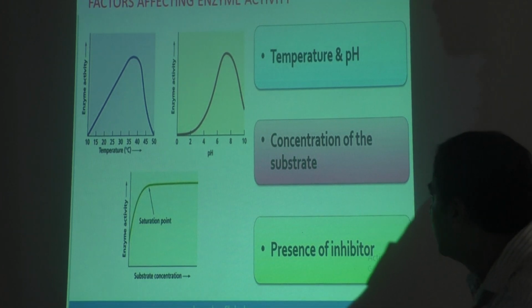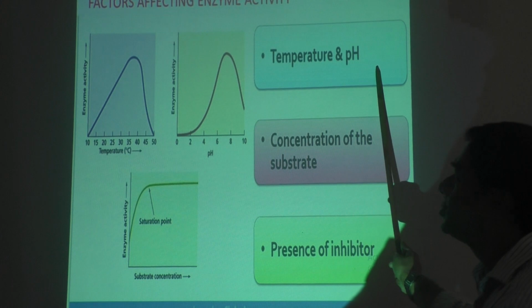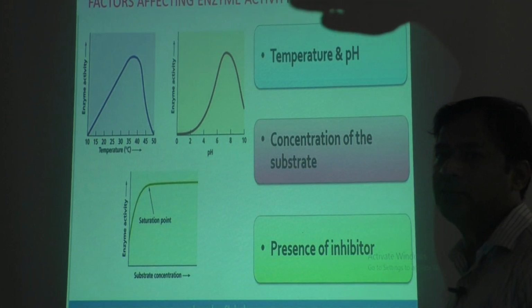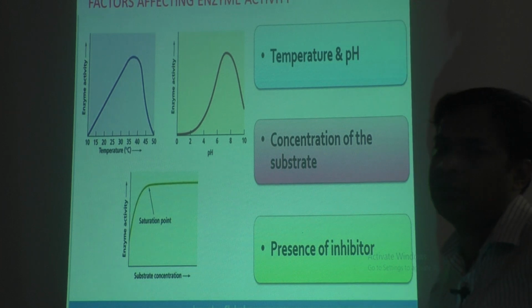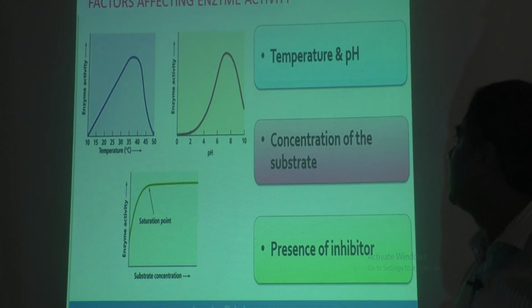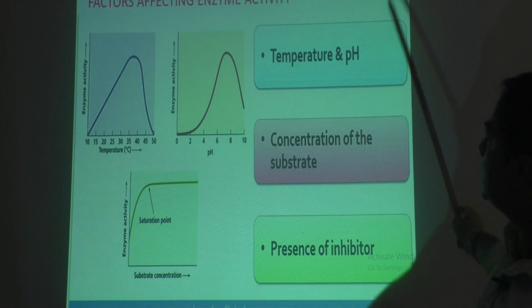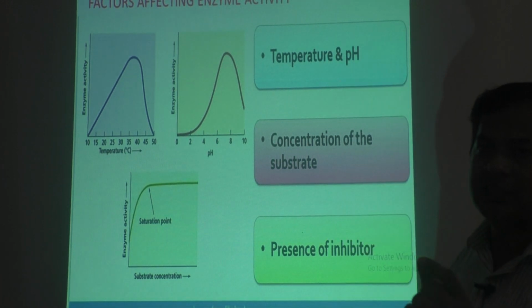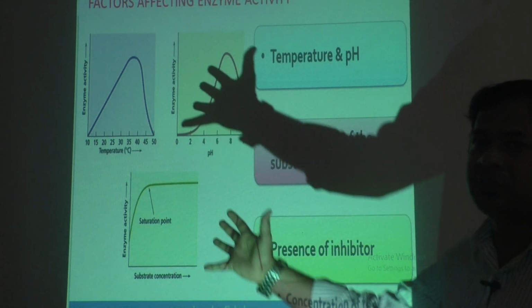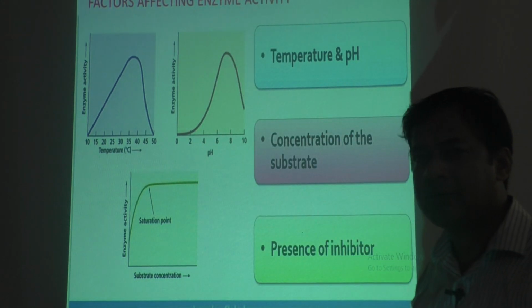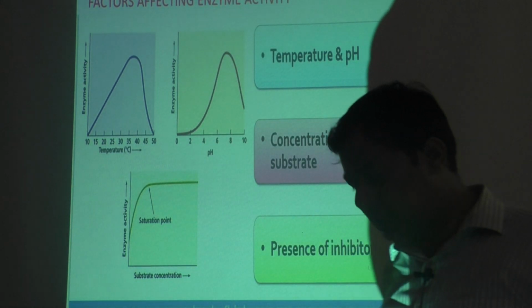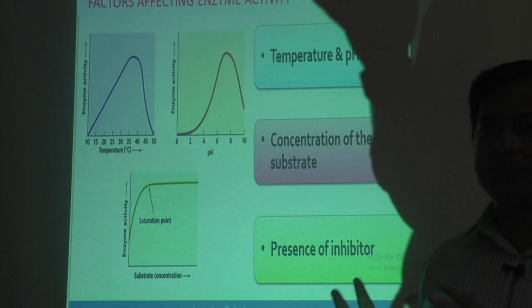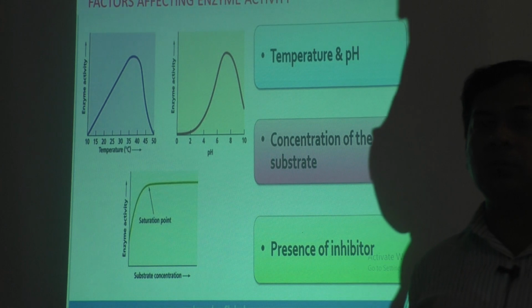When temperature and pH are concerned, they should be optimum, the required quantity. If it is less or more, then it will disturb enzyme activity. So temperature and pH. Concentration of the substrate means, suppose the enzyme is very little and the substrate is too much, then the reaction doesn't happen like that. So how much substrate is there also counts.